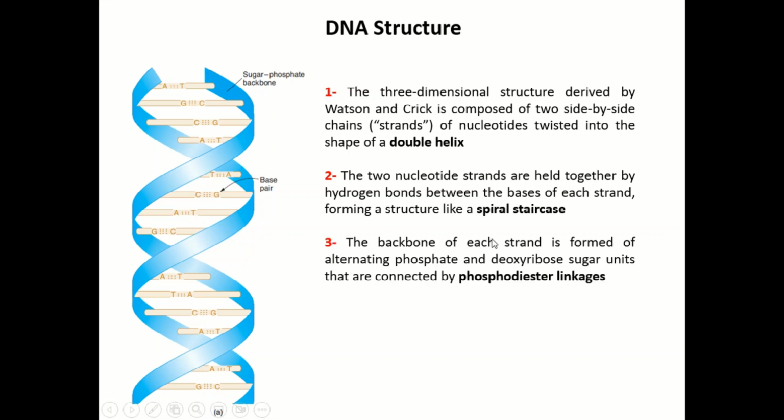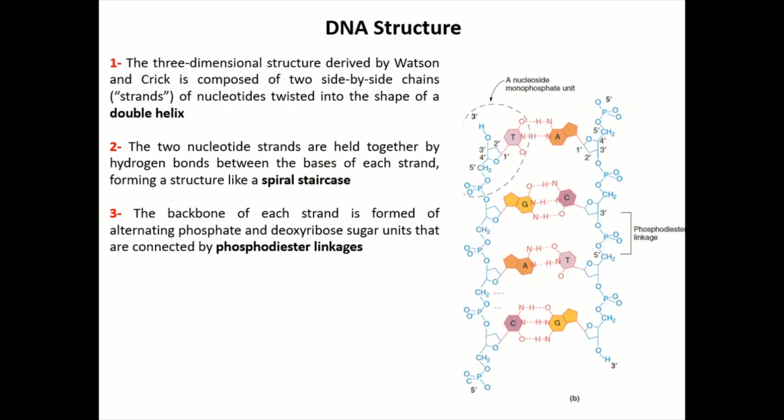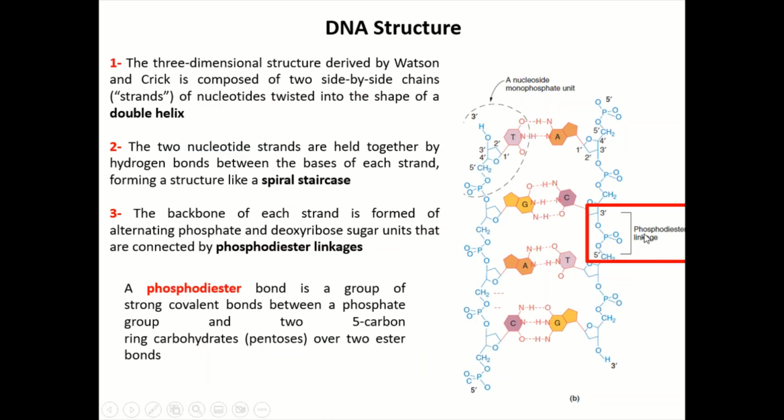The backbone of each strand is formed of alternating phosphate and deoxyribose sugar units that are connected by phosphodiester linkages or phosphodiester bonds. So here you can see these phosphodiester bonds between the sugar and the phosphate group.